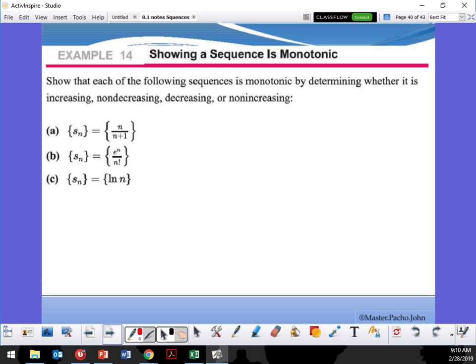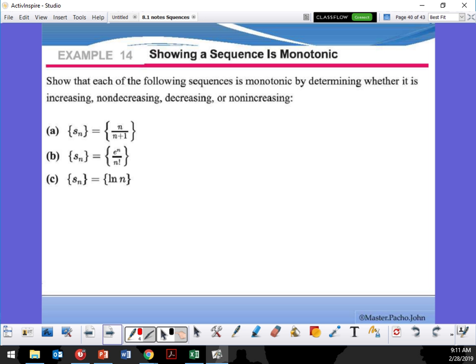For this first one, this is kind of interesting because I have a variable on top and bottom. I'm like, maybe, I don't know. So I'm going to separate my terms.